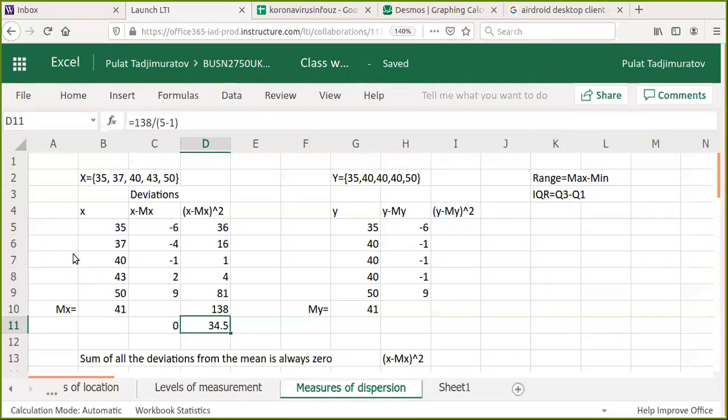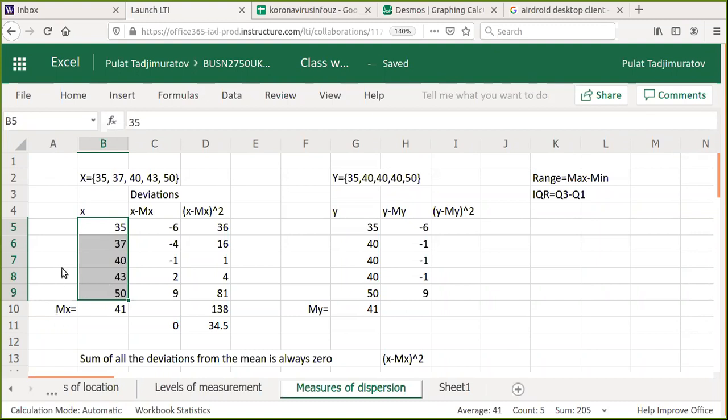So let's imagine that these are maybe ages of different people. So they will be measured in years if they are ages. Now, I want to write it here.